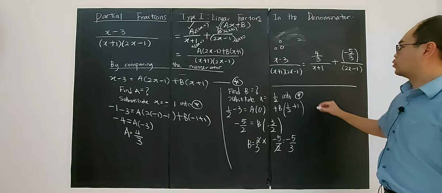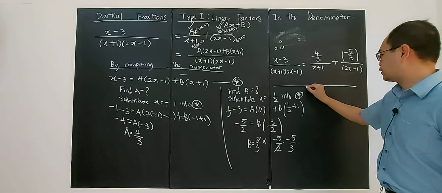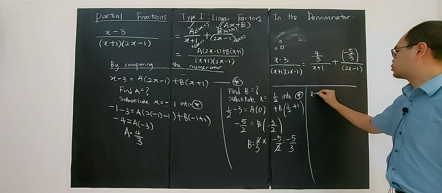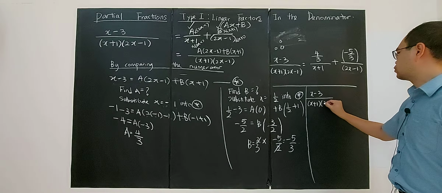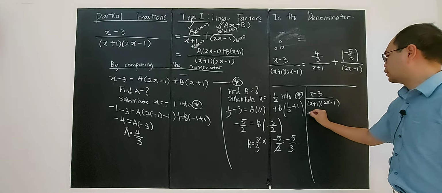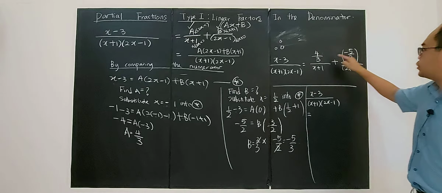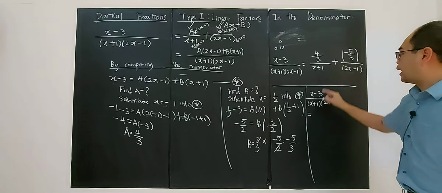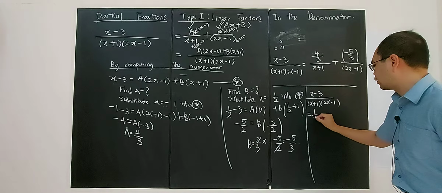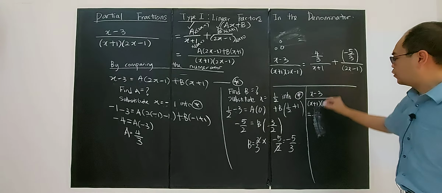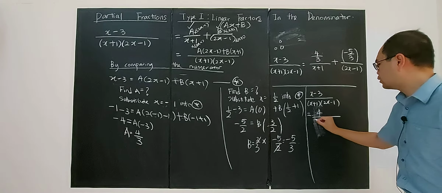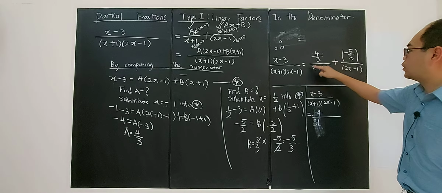If you rewrite this whole thing, I can factorize 1 over 3 out, or I can just write it as 4 over 3.